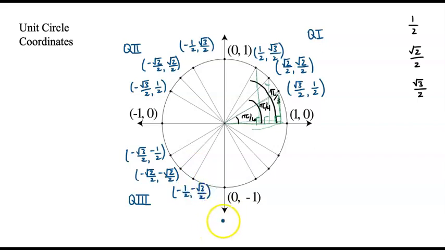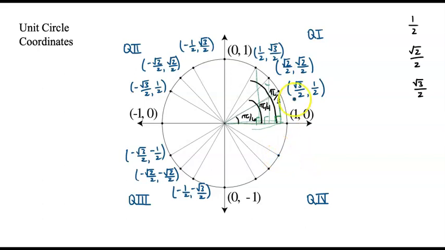And finally, in the fourth quadrant, stay in Roman numerals here. In the fourth quadrant, we can get these points from the first quadrant or from the third quadrant. I'll just use them from the first quadrant. Now only our y value is going to be negative.